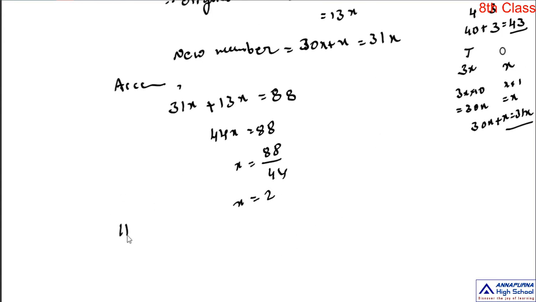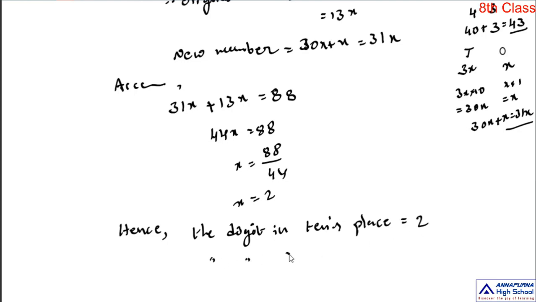Hence the digit in tens place in the two digit number is equal to 2, and the digit in ones place is 3 times, so 3 into 2, it is equal to 6.